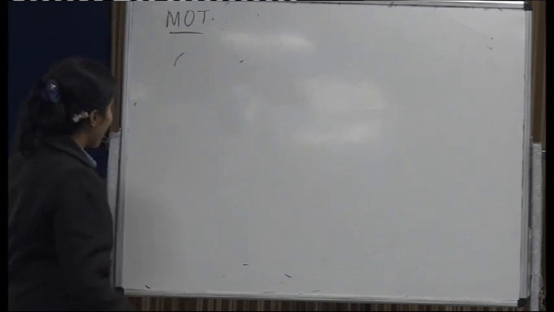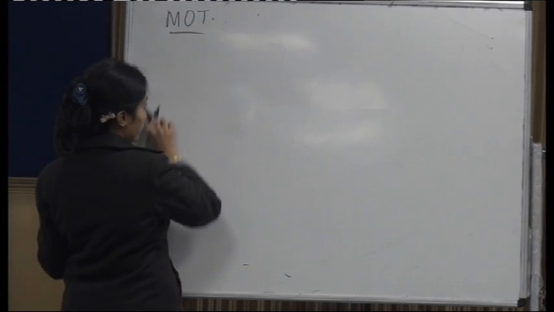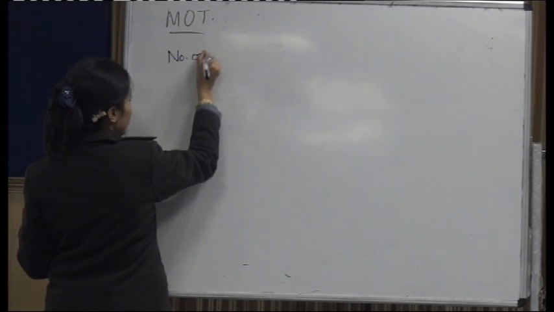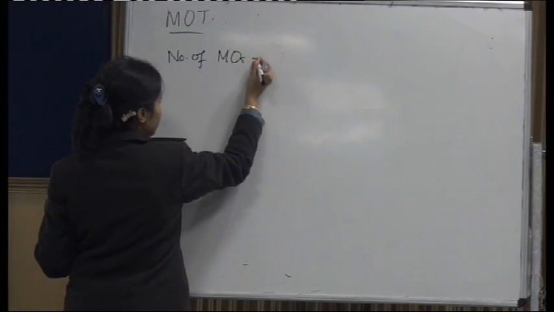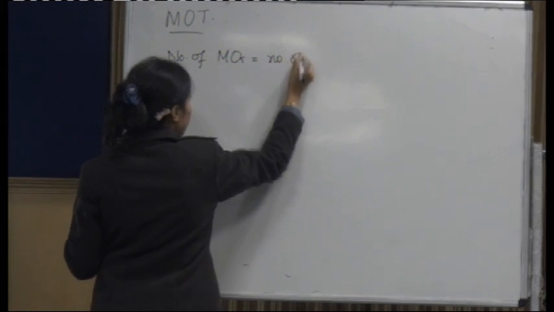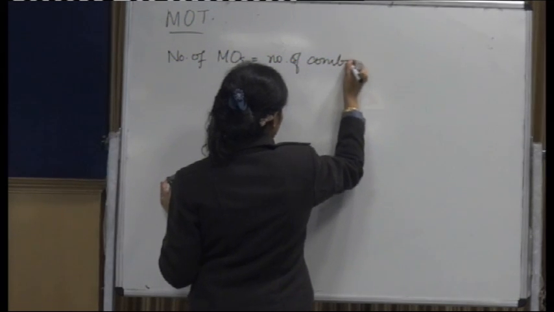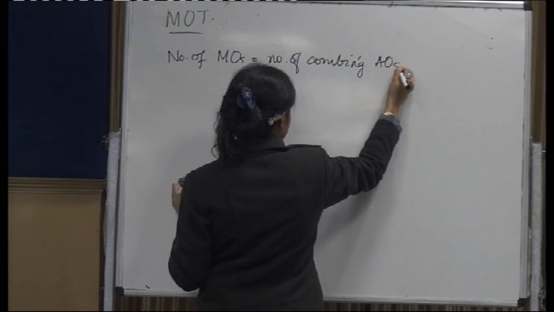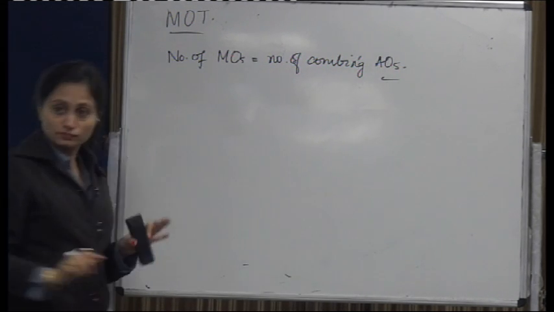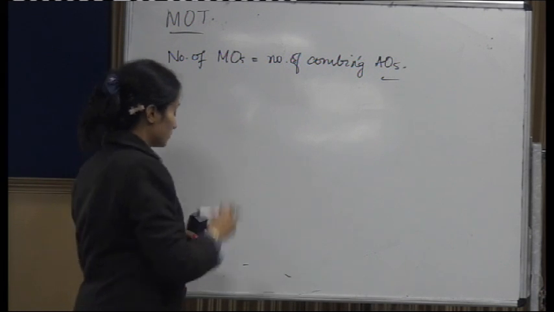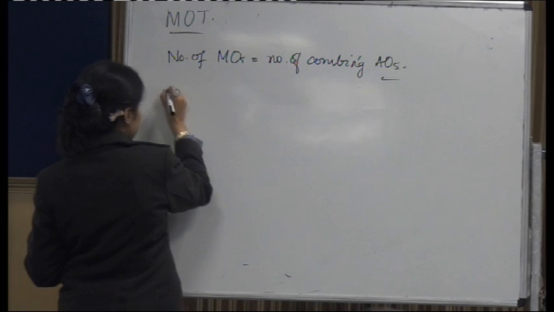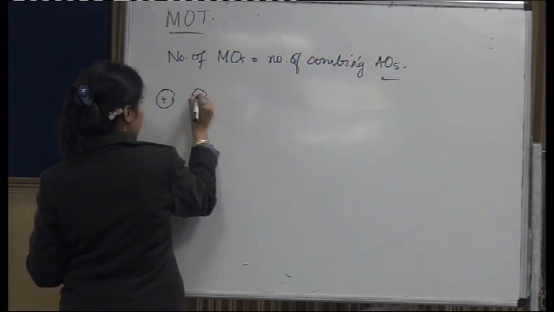Okay, now when we are talking about the molecular orbital approach, I stated that the number of molecular orbitals will be equal to the number of combining atomic orbitals.